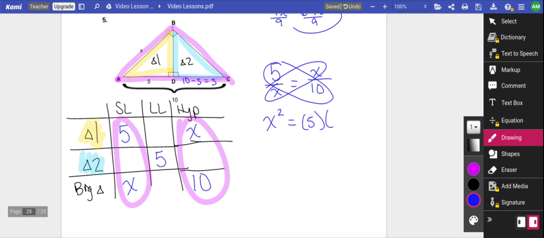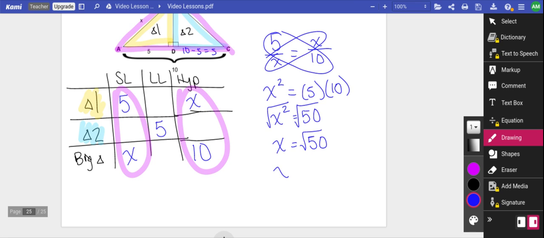That's going to be equal to 5 times 10. 5 times 10 is 50. I can take the square root of both sides. I get x is equal to the square root of 50. Or in simplest radical form, you can type it in your calculator again. We already did this one. 5 radical 2.